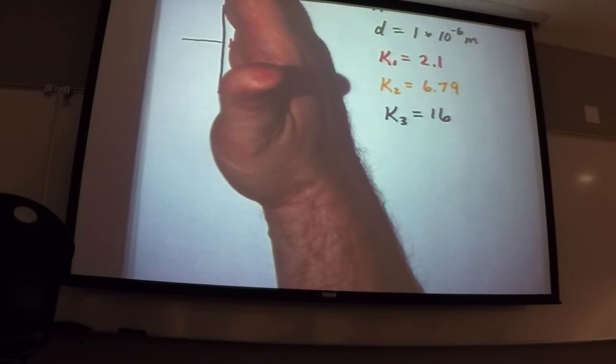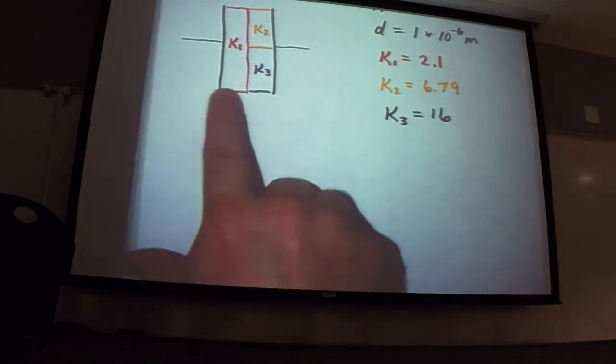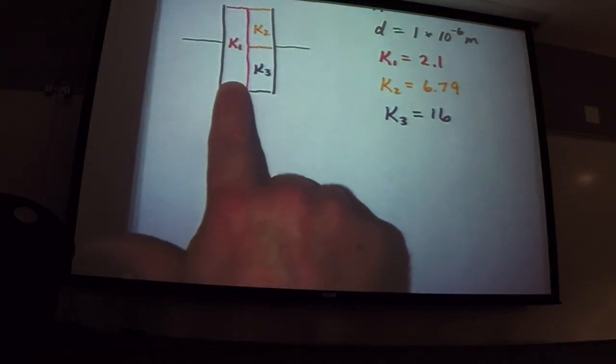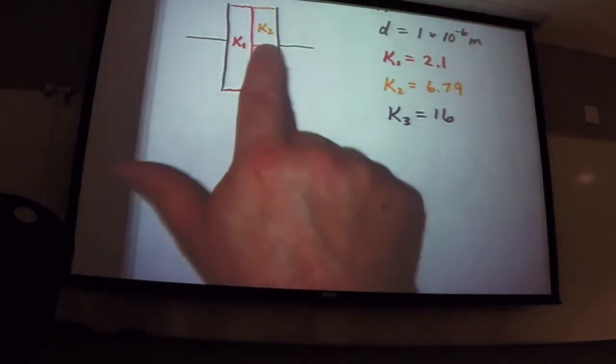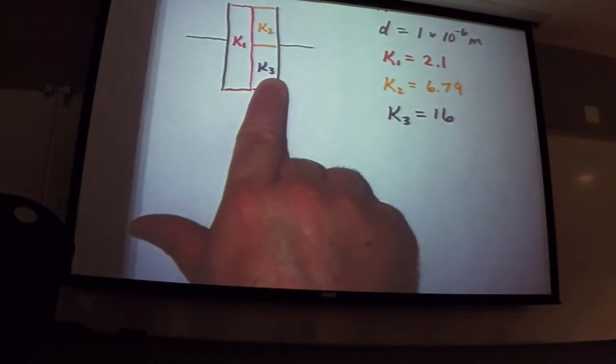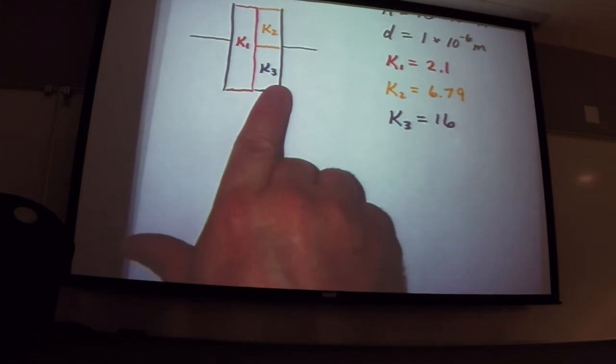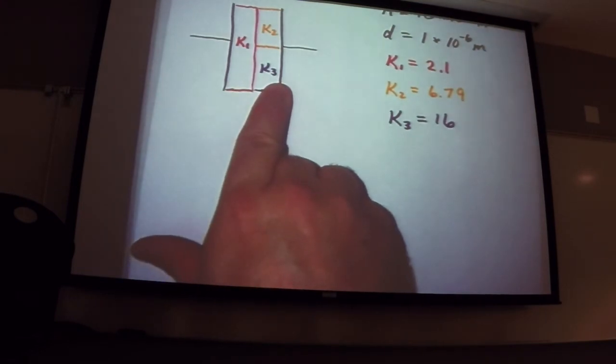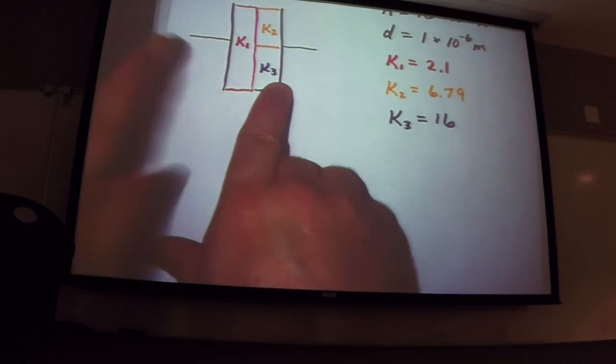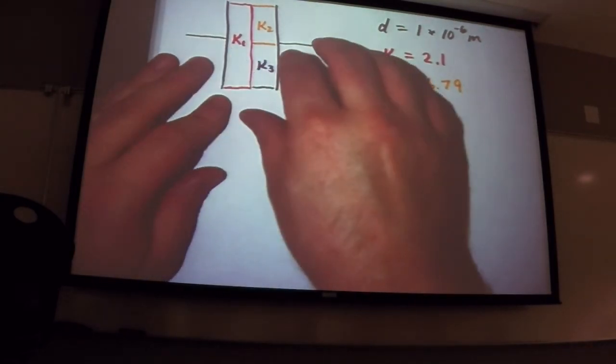But what I have is I've now created a capacitor here in series with these two capacitors in parallel. And the equivalent capacitance of those three capacitors should be the overall capacitance of what's going on inside here. Neat, huh? So let's see if that works.